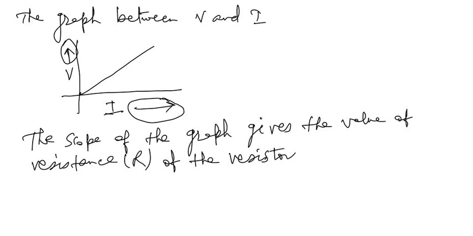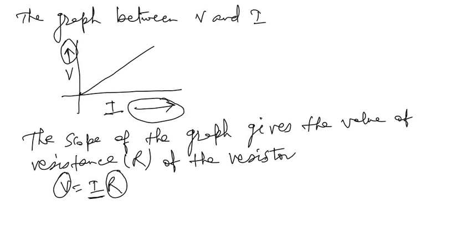It is very clear that for maintaining the constancy of V, we have the formula V is equal to IR. For maintaining the constancy of V, if the value of I is decreased to half its former value, then the value of R will increase twice.